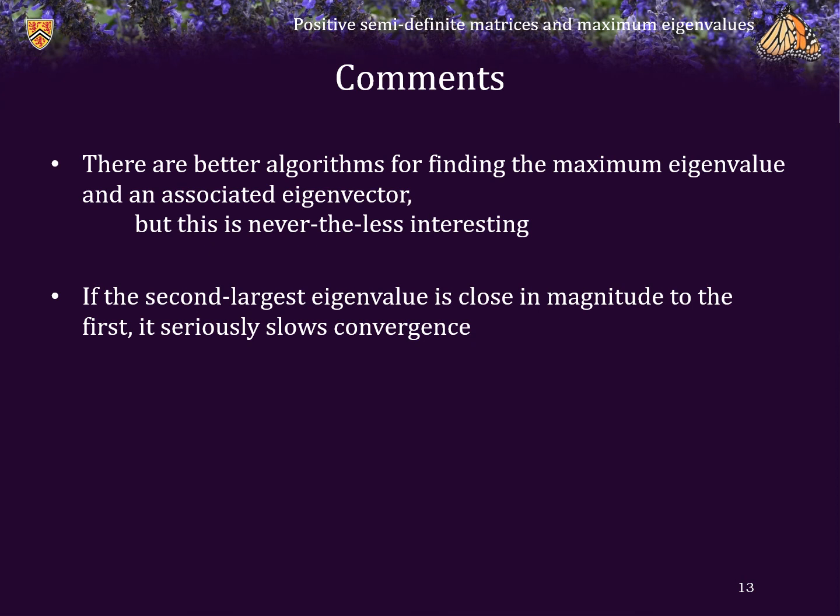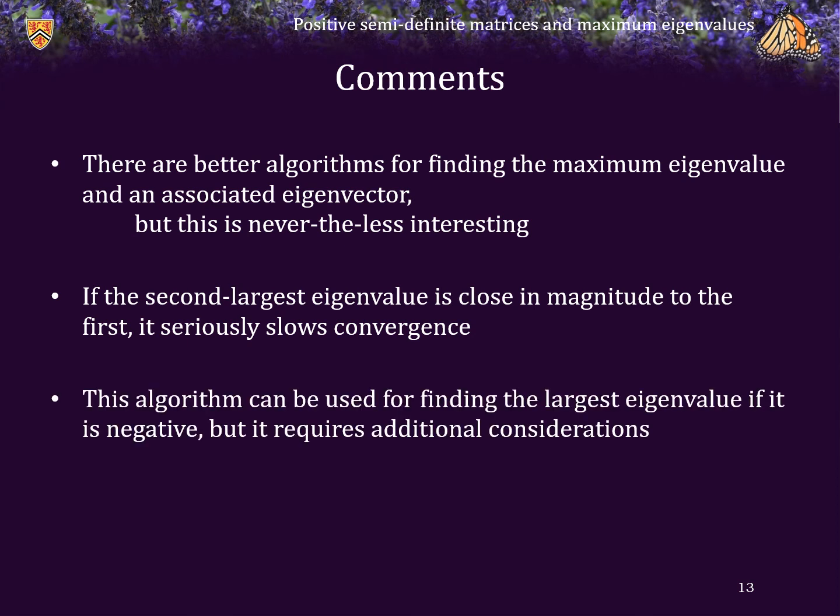For example, if the second largest eigenvalue is close in magnitude to the first, we're going to see a serious slowdown in the rate of convergence. So this is really only useful if that largest eigenvalue is significantly larger than the other eigenvalues.